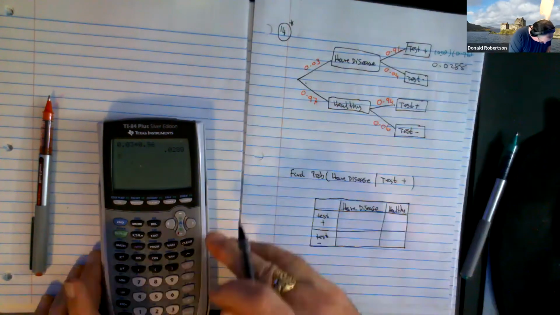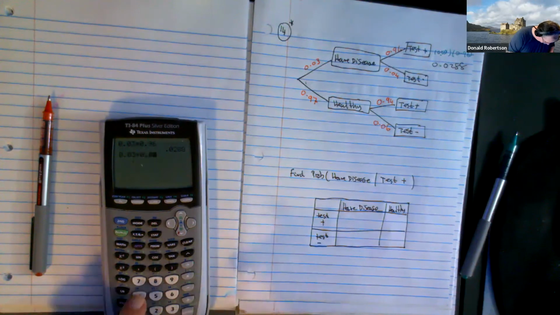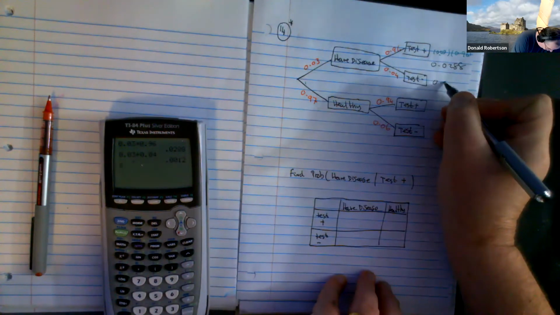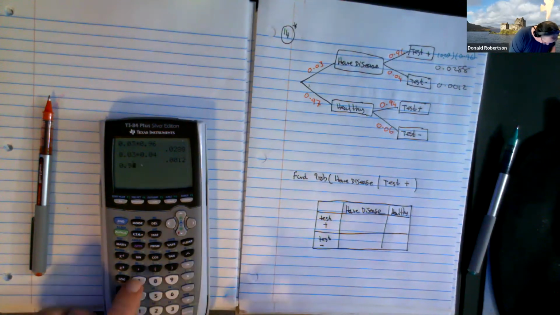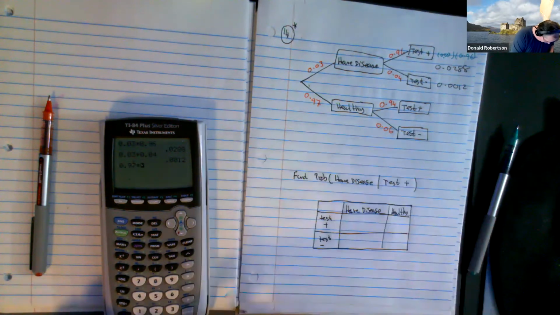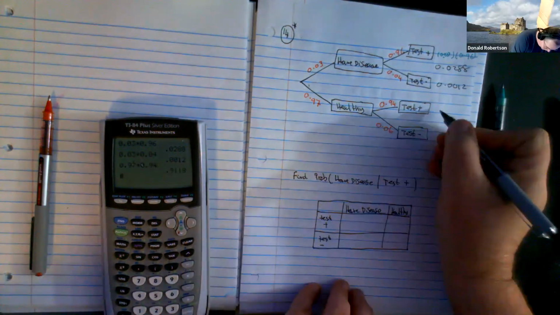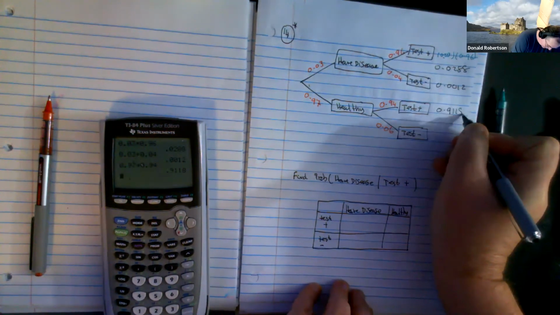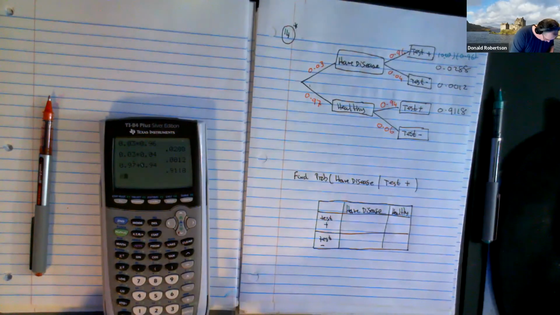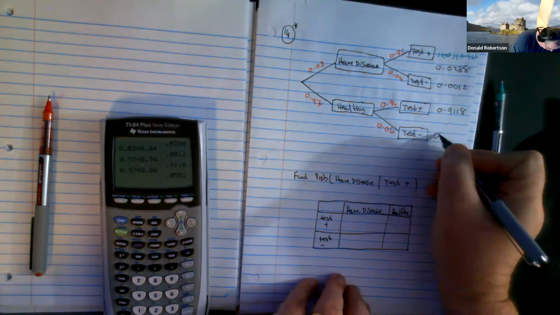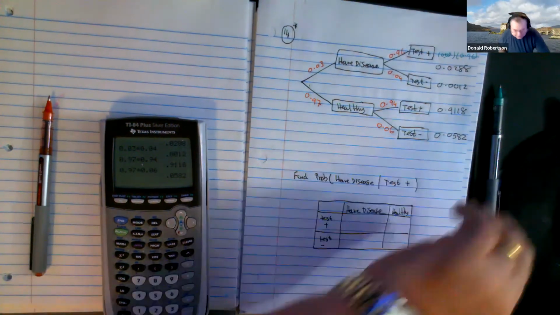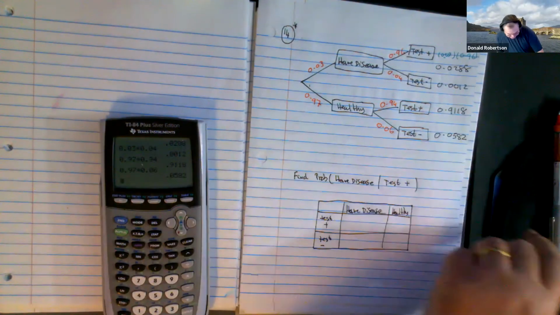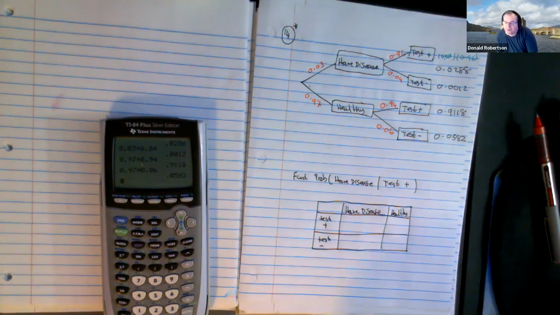And if you go this way, 0.03 times 0.04, you get 0.0012. And if you go this way, you get 0.97 times 0.94, and this is 0.9118. And if you go the last way, it's 0.97 times 0.06, and you get 0.0582. I hope they're right. If I had time, wouldn't I just add them up and make sure it came to 1? That would be a good check.